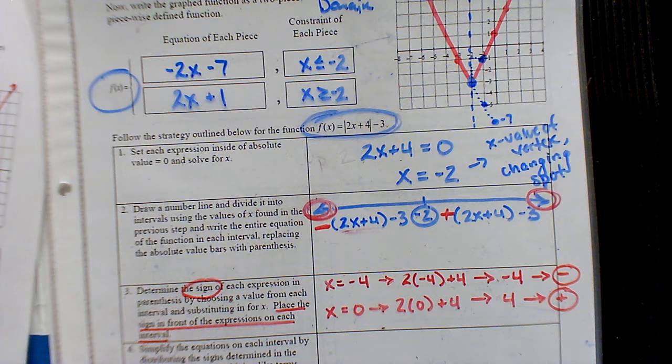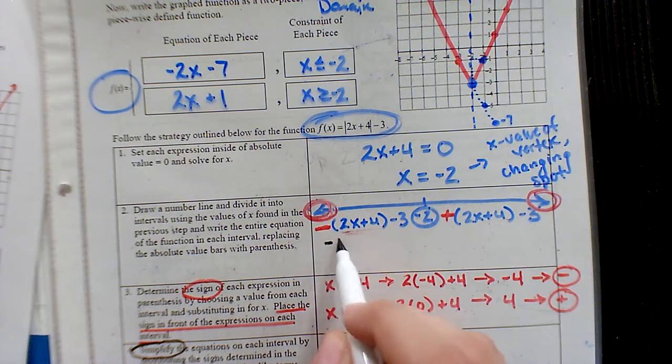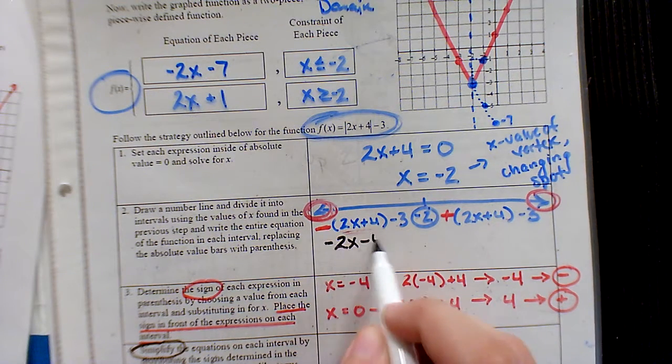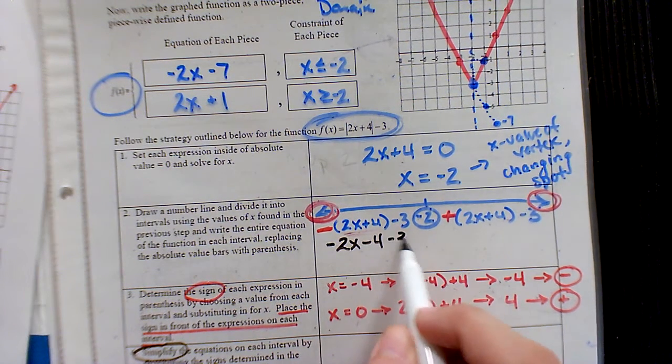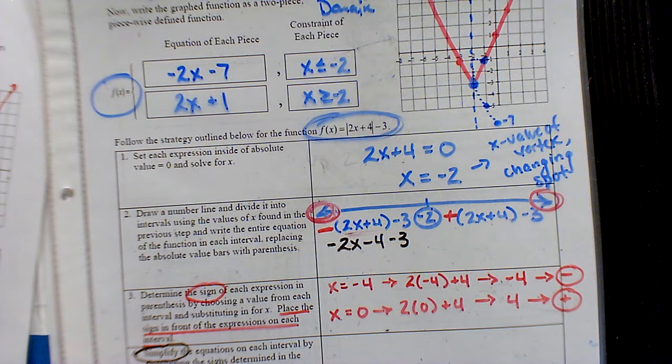Now that we know the signs, we're going to simplify each equation by distributing, aka getting rid of those parentheses. On our first interval, if you distribute in that negative, we would have -2x minus 4, and then we still have that minus 3.